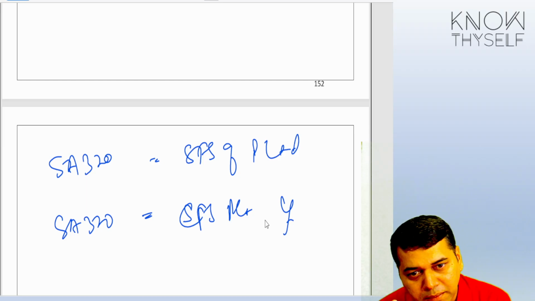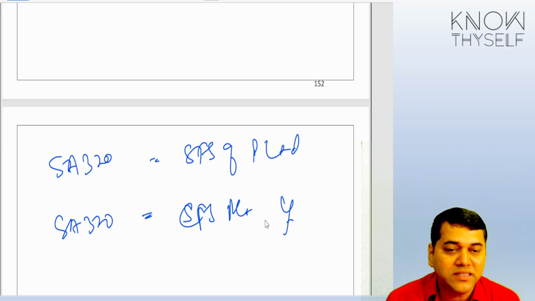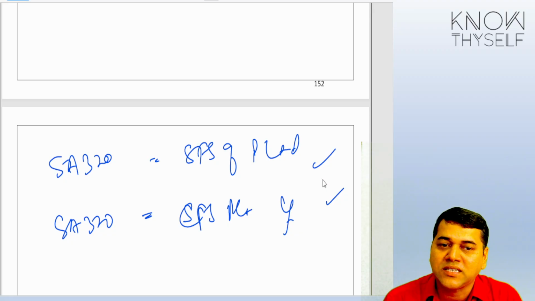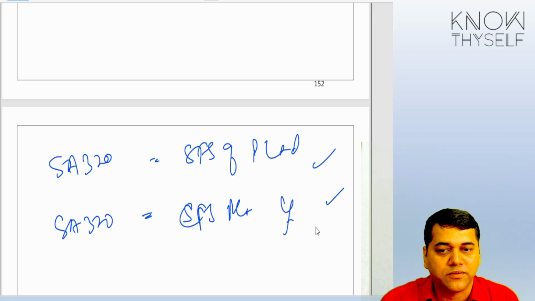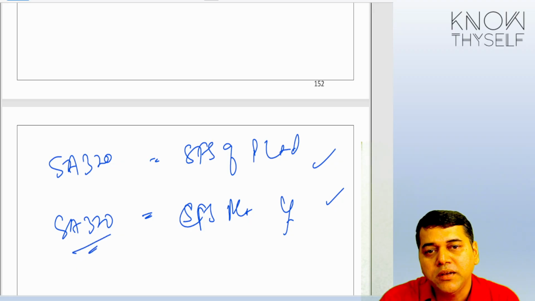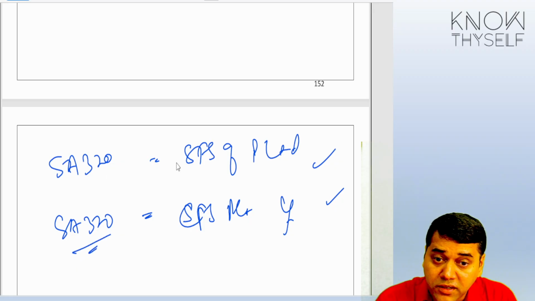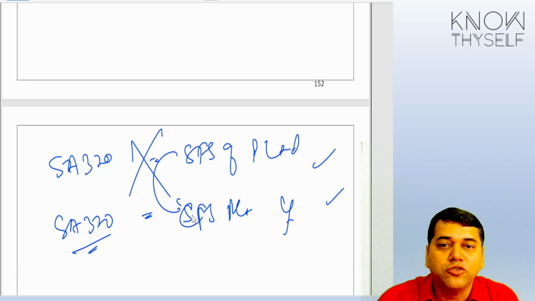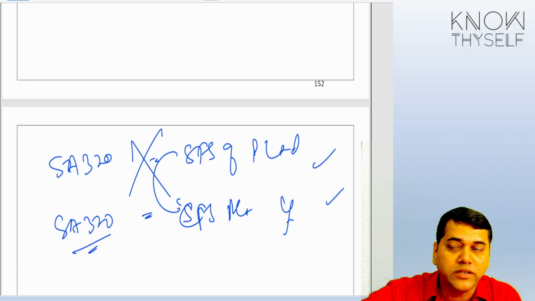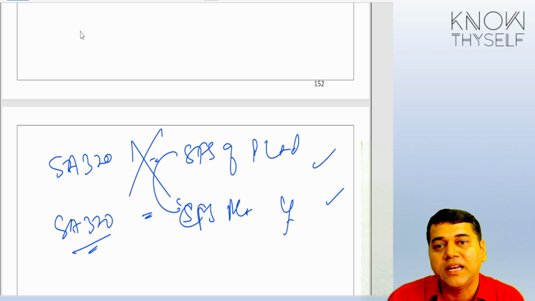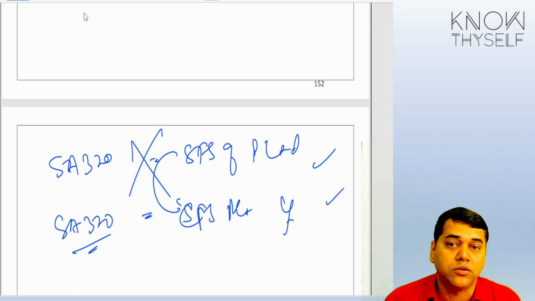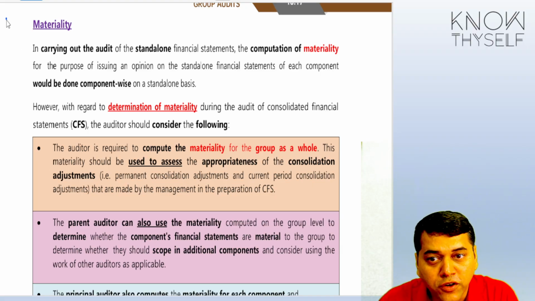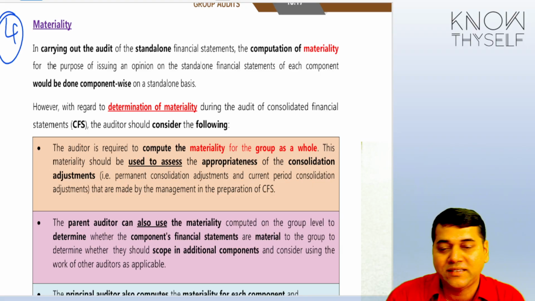All the standards are applicable because you are expressing an opinion there. Please understand, it's just expressing an opinion, just like you are expressing an opinion on SFS. So 320 becomes applicable. But is it the same materiality as SFS? Answer is no. Because you may have to decide another totally different materiality but for the CFS as a whole. So this is your fourth consideration as an auditor.